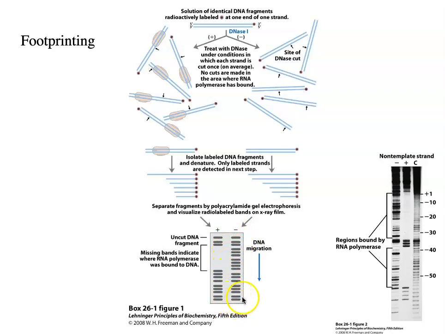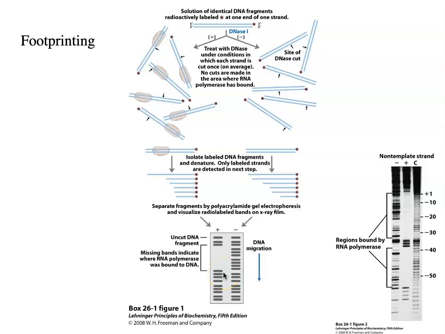This is the pattern of the digestion of the DNA without RNA polymerase. This represents the patterns shown in the presence of RNA polymerase. And we can see there that there is a gap in the distribution of the bands.